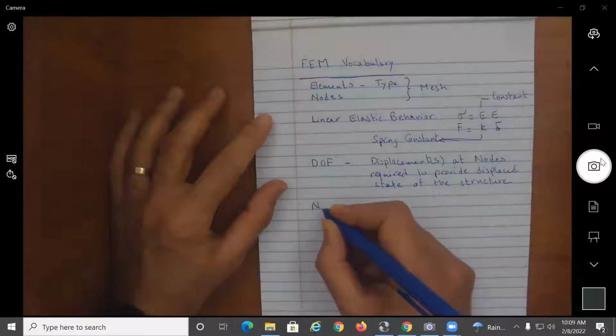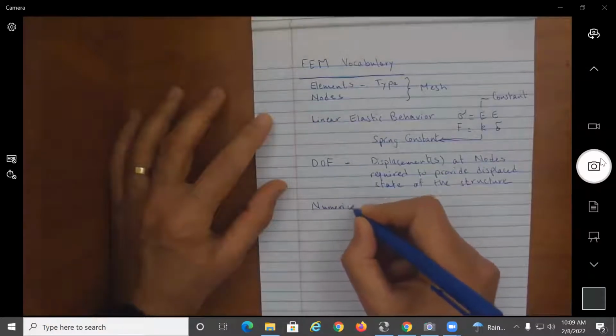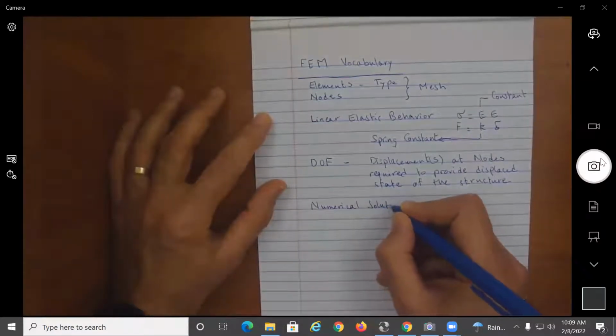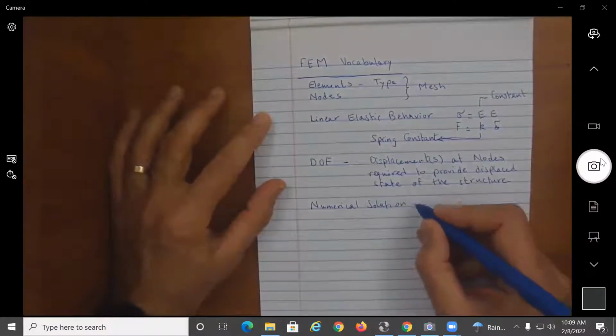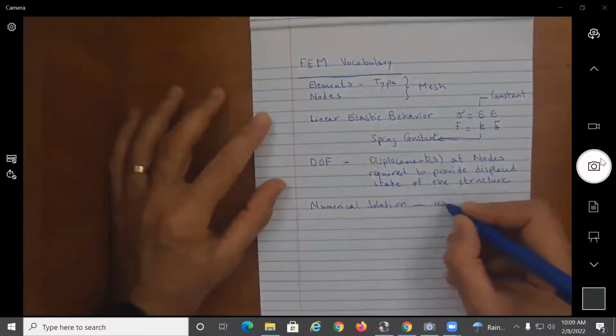We also mentioned numerical solution and the use of matrices.